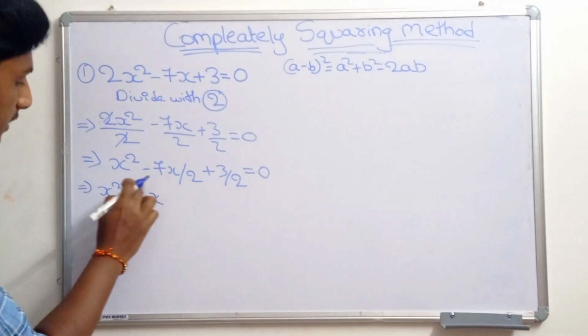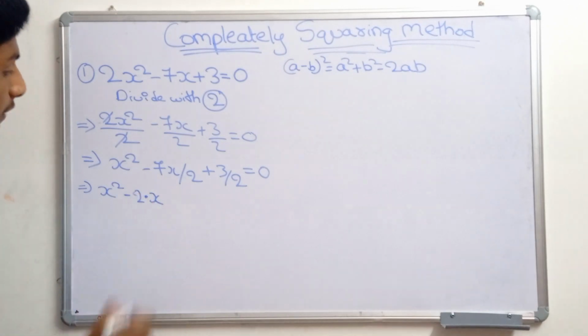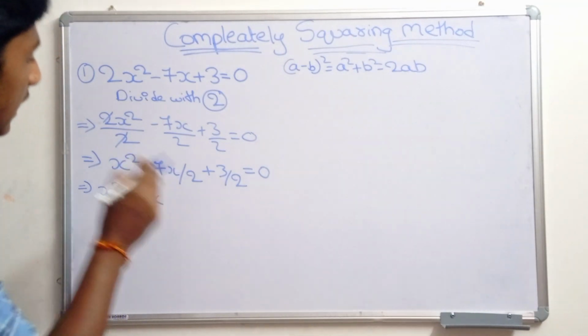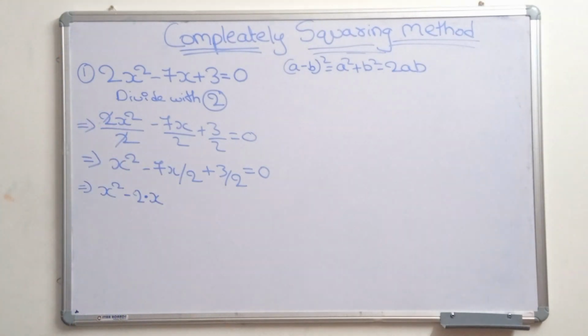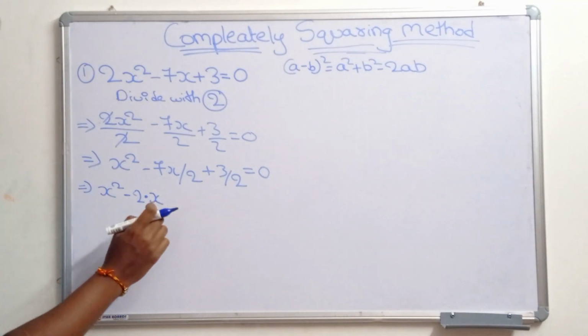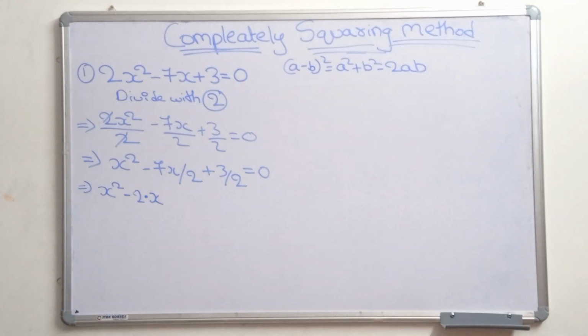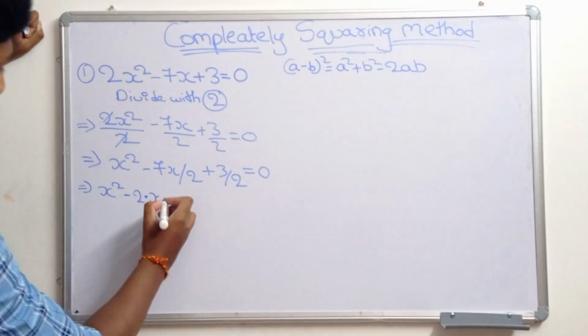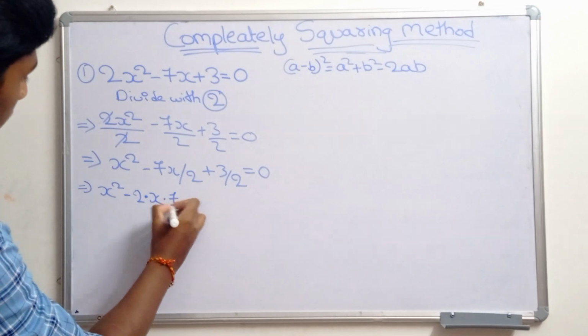You have to write this complete term in such a way that when you solve it, you should get 7x by 2. Guys, is it clear? You have to write the whole term in such a way that when you cancel it, you should get 7x by 2. So can I take... just a minute? Okay, shall I go with 7 by 4?